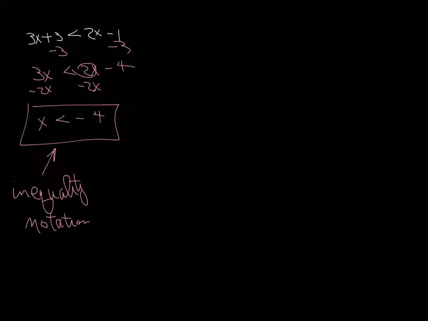Alright, there's another notation called graphing that you've already used, and if you want to graph that, you have a number line. Let's move the 0 since it says negative 4, and let's say that's negative 4. If we're going to show x is less than negative 4, it means x cannot be negative 4, right?